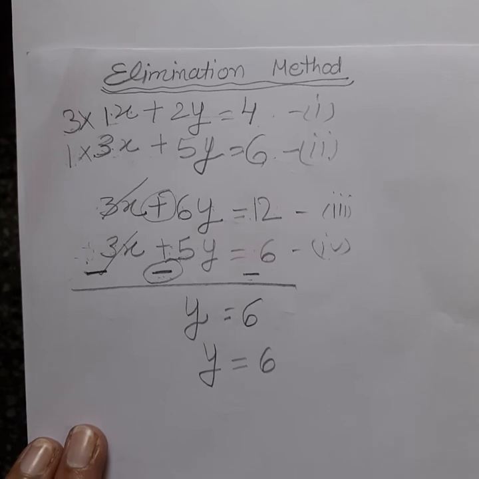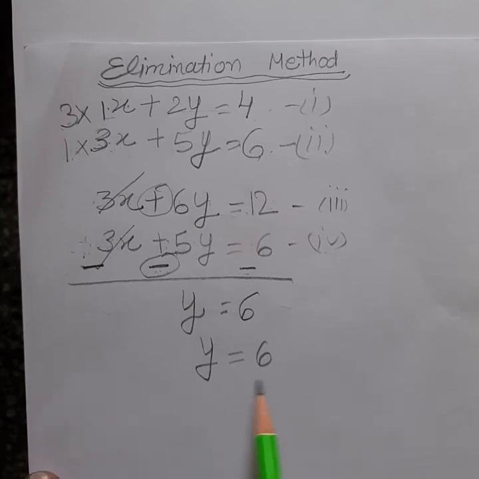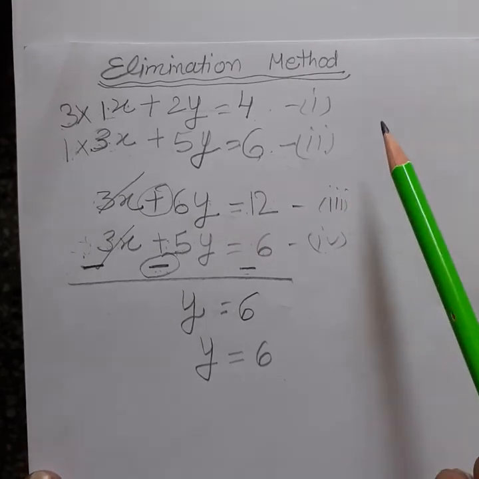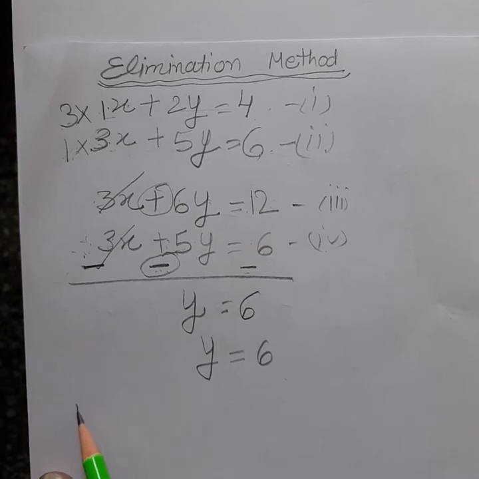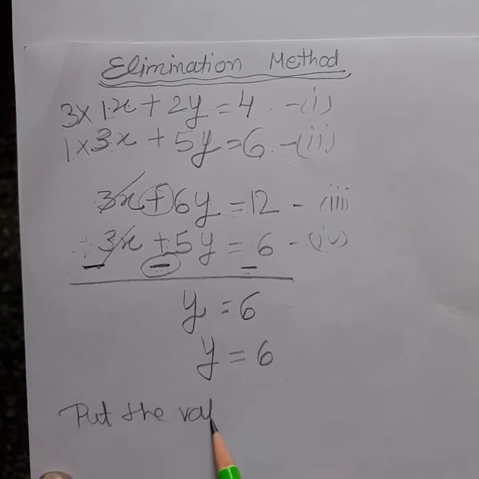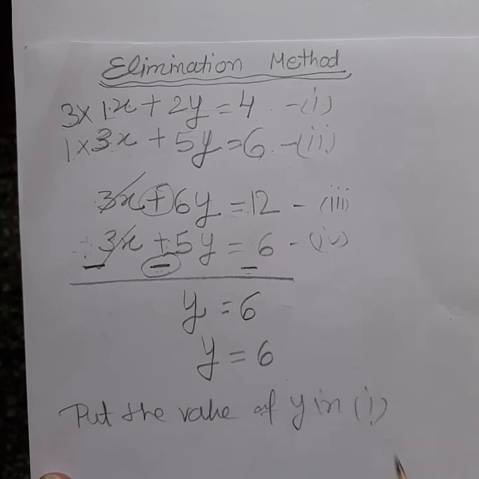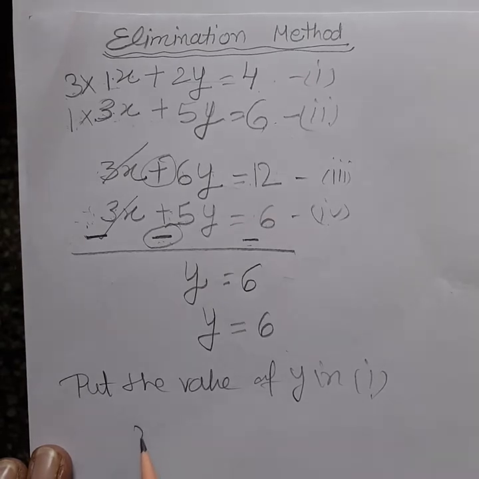Okay, now we have to put the value of y in our first equation. You can write here, put the value of y in first equation. Okay, now here you can put it x plus 2y is equal to 4.